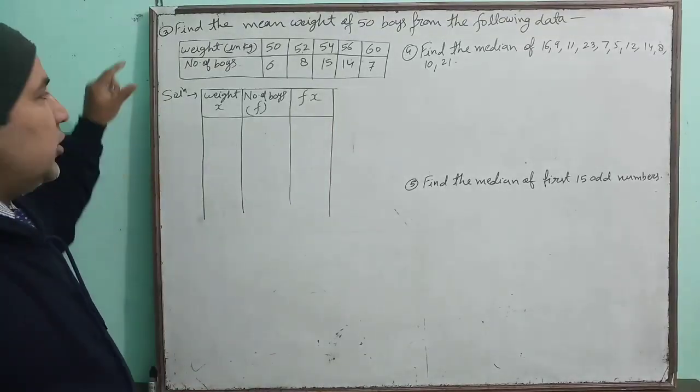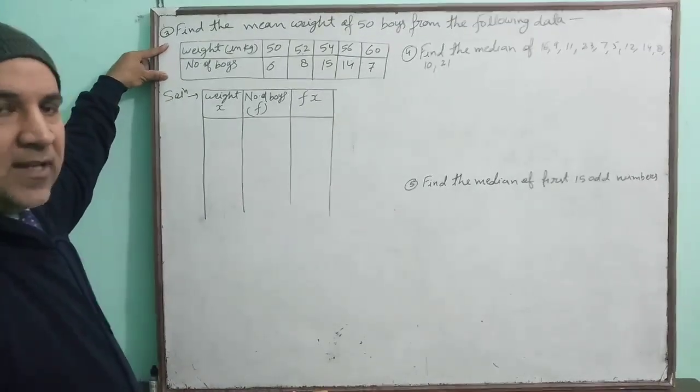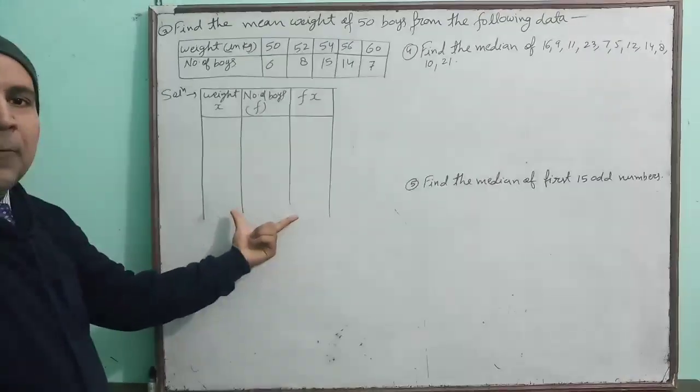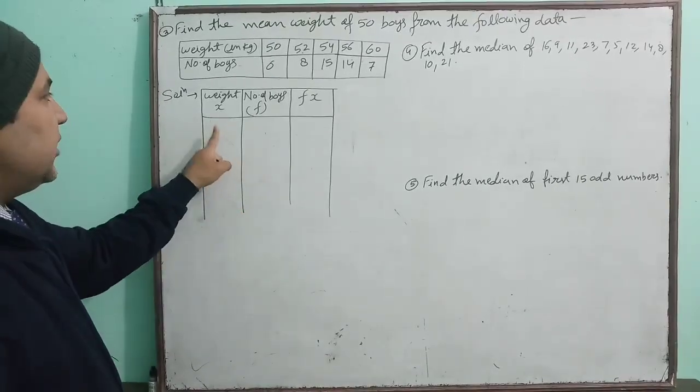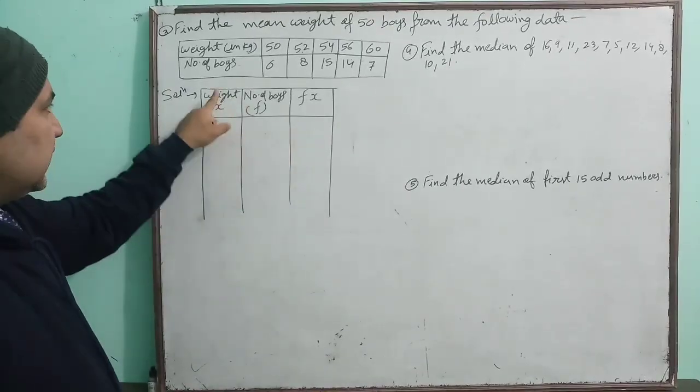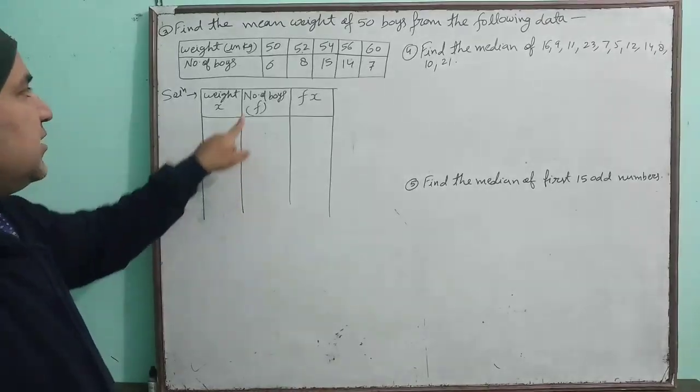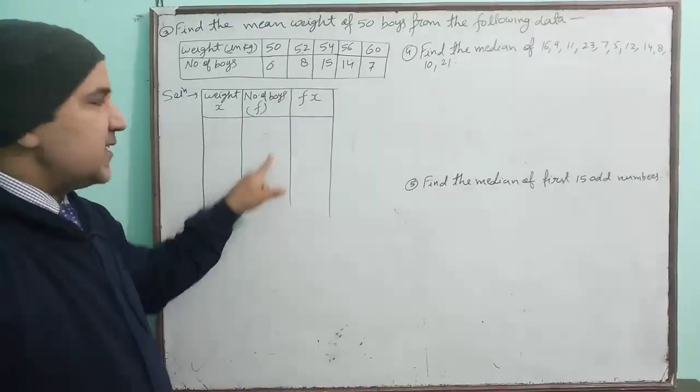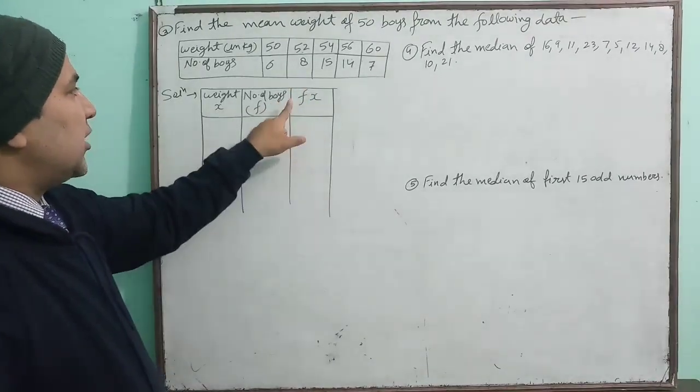When you are going to solve these types of questions, you have to make this table, in which there will be 3 columns. The first one will be for observation, second for frequency, and third for the product of frequency and observation.